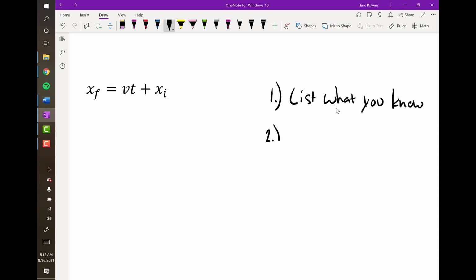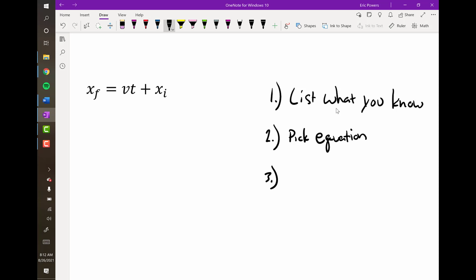Step two, pick an equation that solves for what you need to find. If it's a single step formula, you just need one equation. Sometimes you might need two, so there's a little variation here, but you're going to find an equation and obviously write it down. So I want to see that equation.